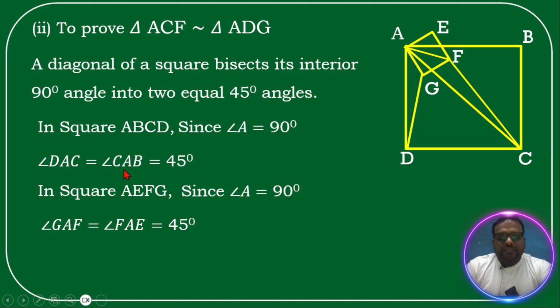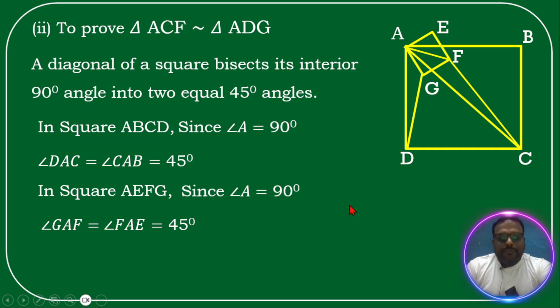Now if you observe these two equations, angle DAC equal to angle CAB equal to 45 degrees and angle GAF equal to angle FAE equal to 45 degrees, from these two you can write directly that angle GAF is equal to angle FAE is equal to angle DAC is equal to angle CAB, all four angles, because all are equal to 45 degrees. We will take what is required, that is angle GAF and CAB.